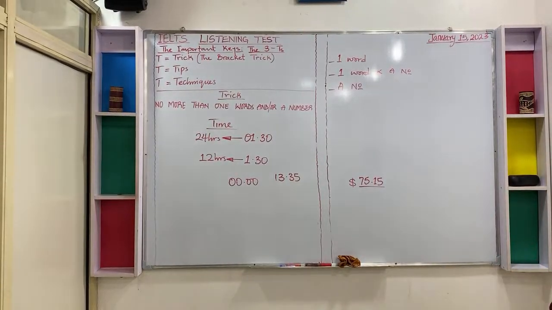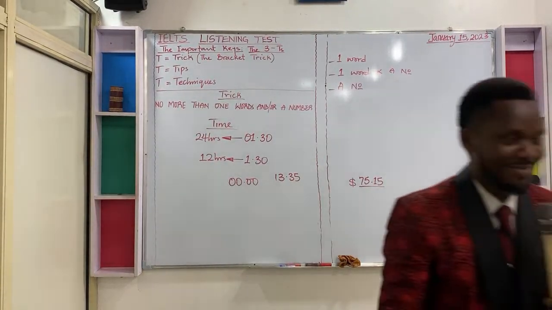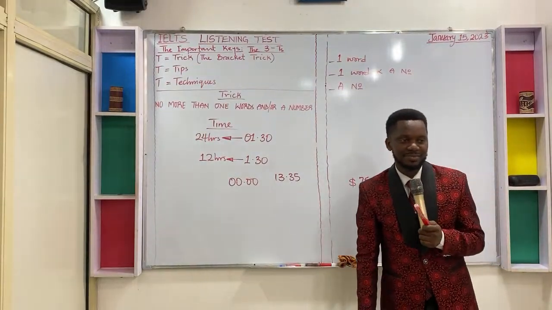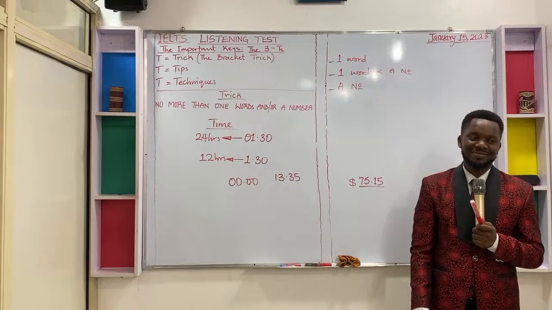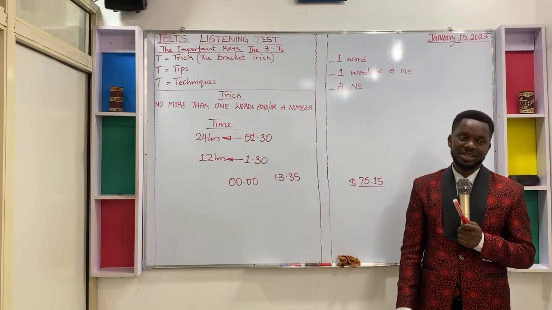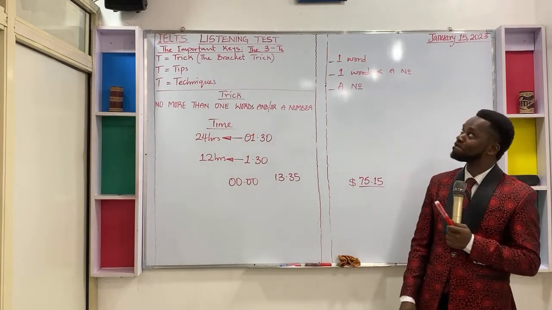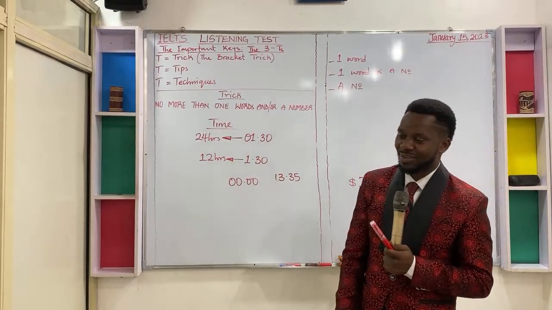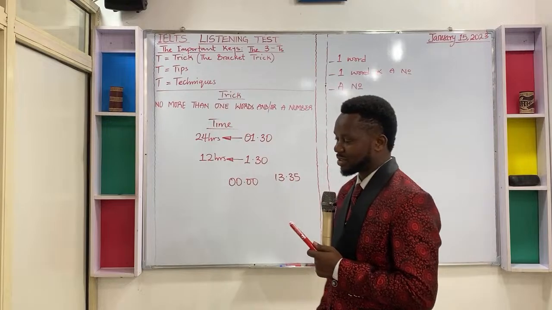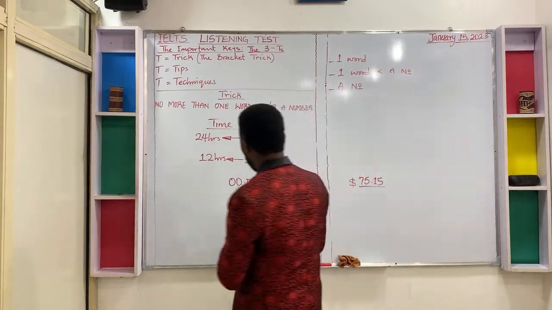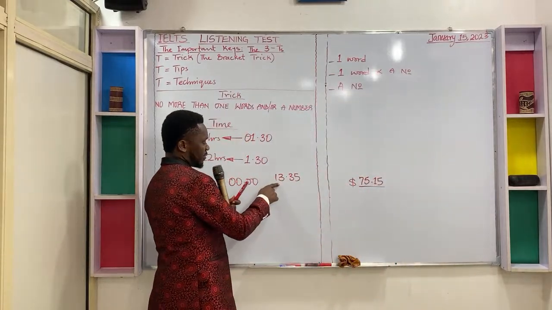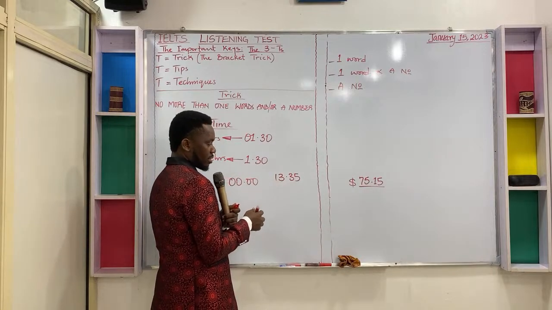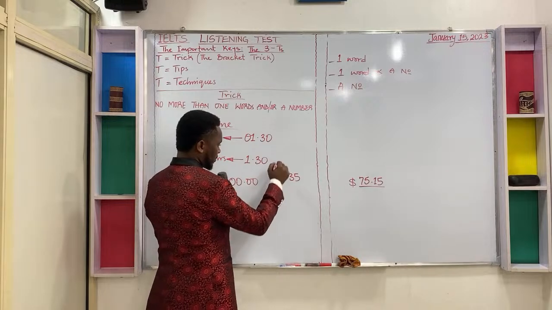Why is it PM? Because it's following the 24 hours clock. When it is before this 1:35, what is the hour before this 13? 12.